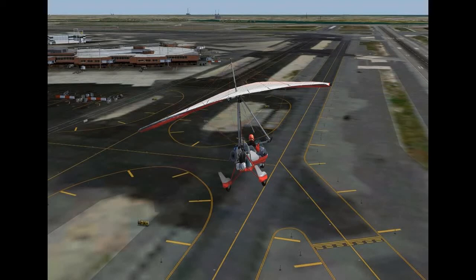So the paved part is the runway, and here we can see the taxiway. And this is the old markings of the taxiway. So here at the intersection of the taxiway and the runway, the middle line of the taxiway ends at the edge of the runway.